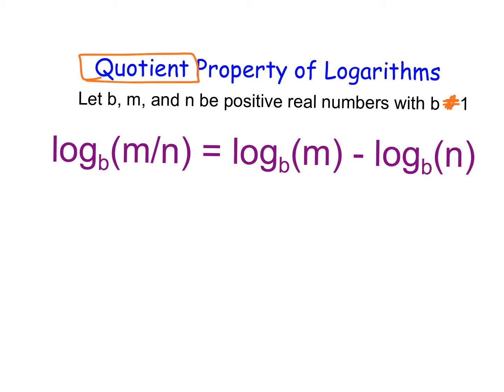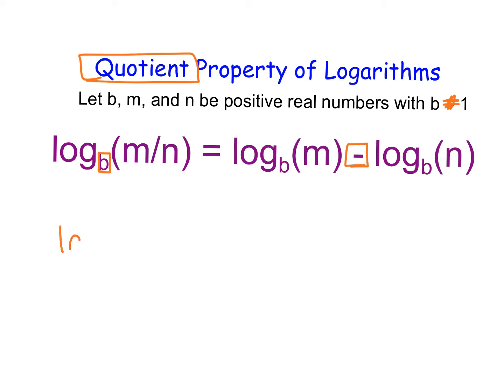Here we still have logs of the same base. So we have log base b of m divided by n. What we can do is take m divided by n and break it up into a subtraction problem. If we have multiplication, it breaks up into an addition problem of two logs, and if we have division, it breaks up into a subtraction problem of two logs.